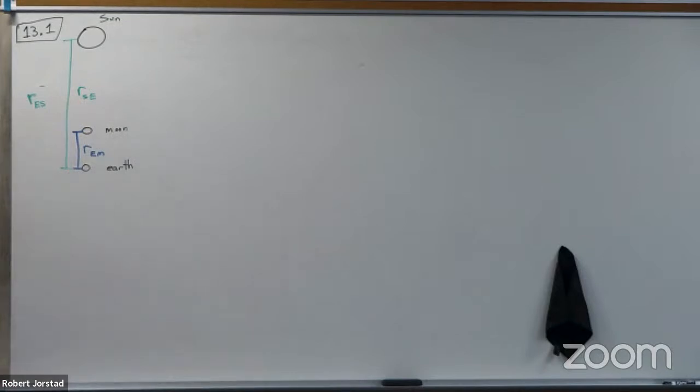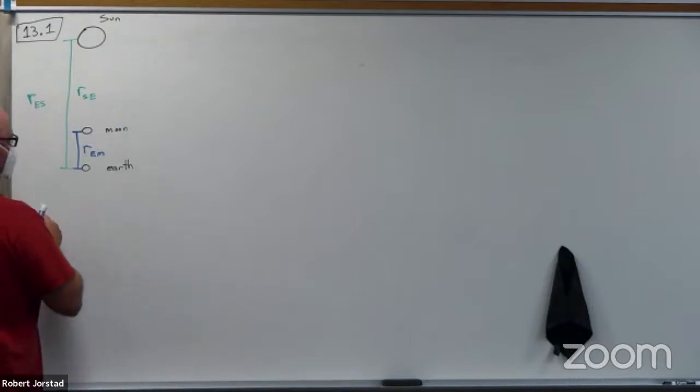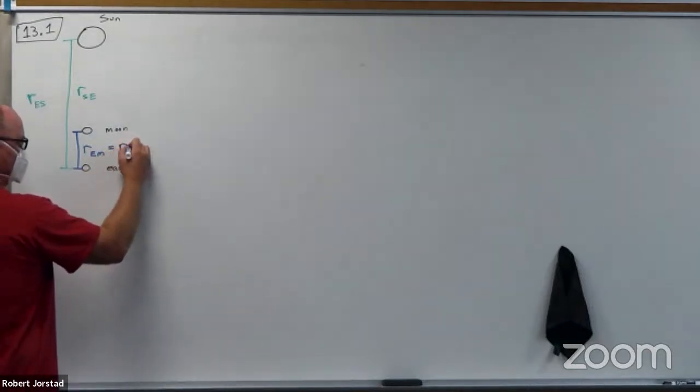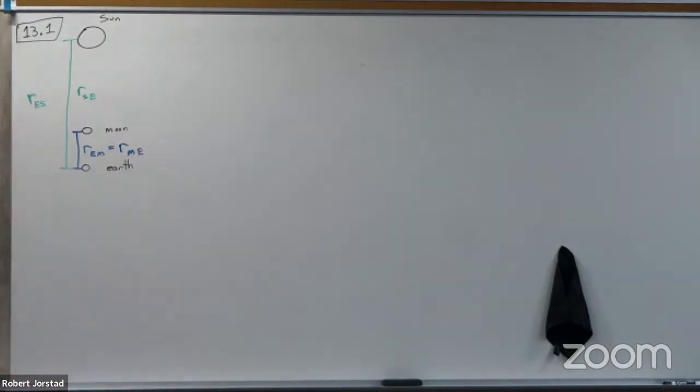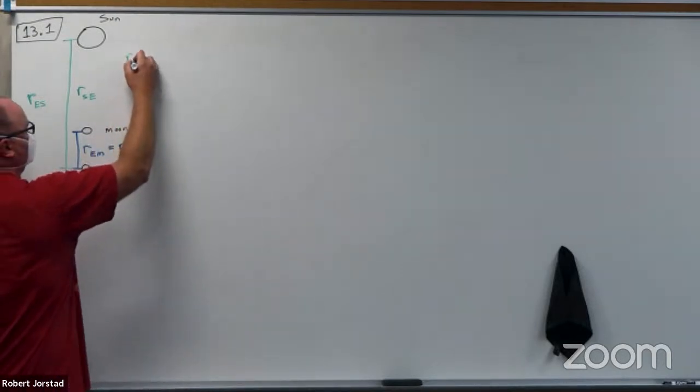Not the vectors, but just the distance. So on this problem, I'm only going to use the distance. It could be a little bit sloppy. So remember, the distances are equal, but the vectors are opposite. And by that, I should maybe make that clear.